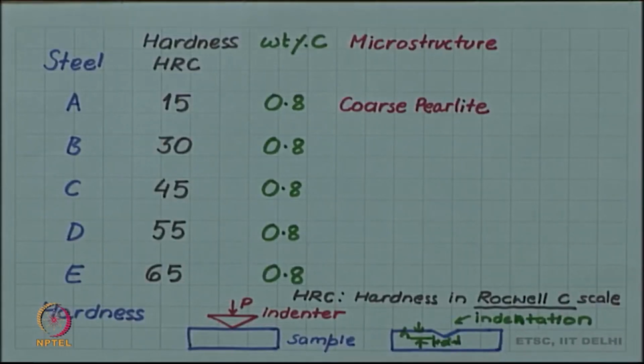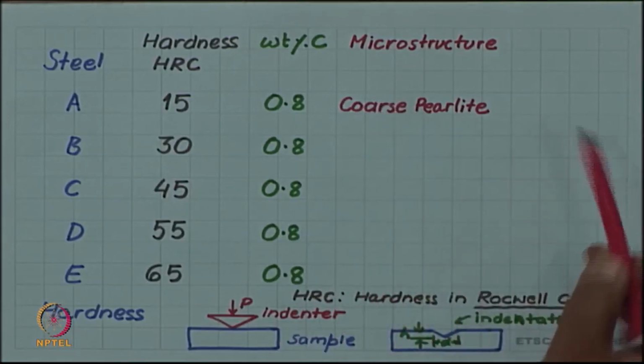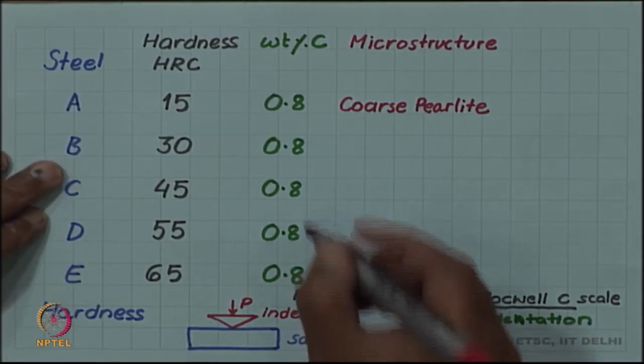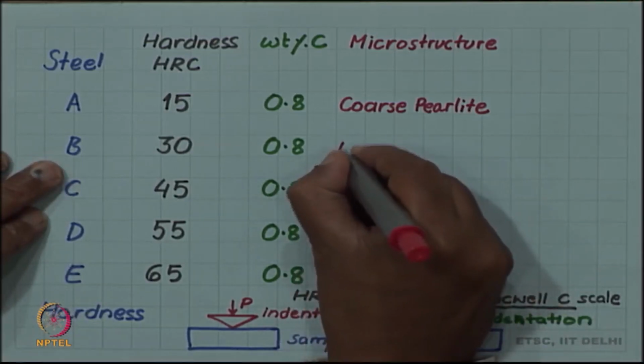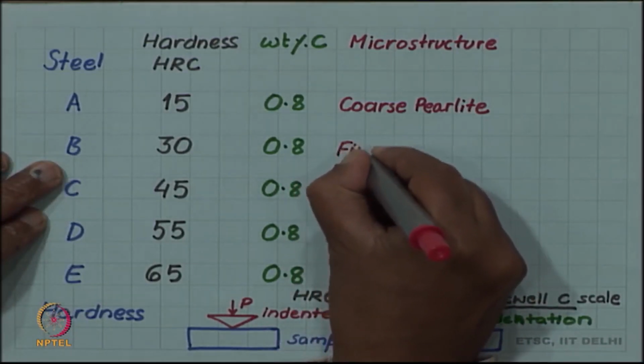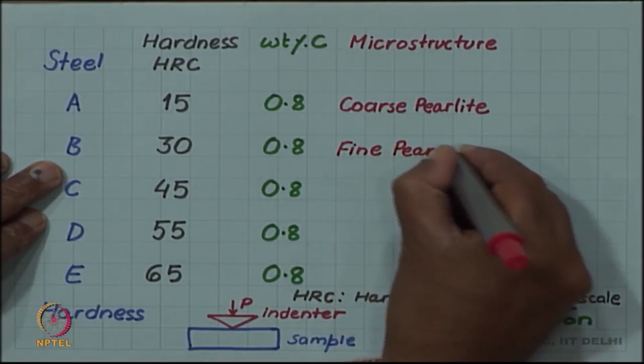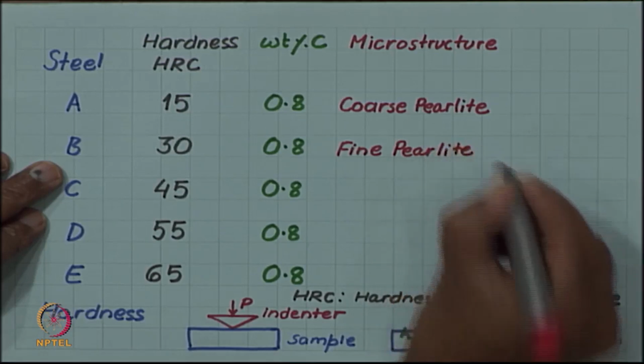So, A, which is having the lowest hardness, we are saying that in the microstructure we are seeing coarse pearlite. Then in B, we see that it is still pearlite, but it is fine pearlite. So, this is quite interesting.